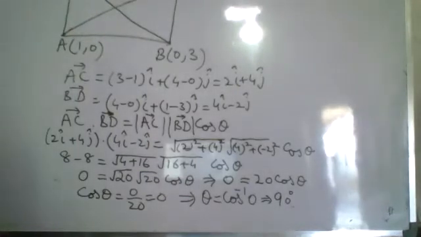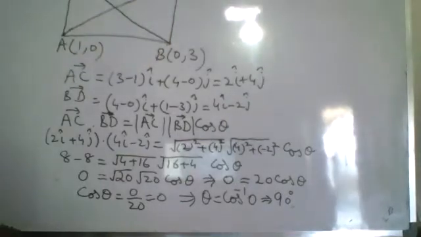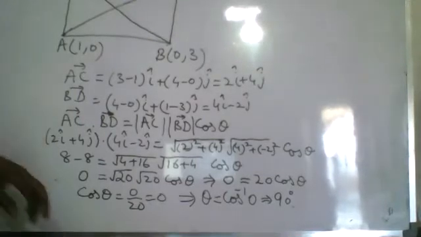And when the angle between the diagonals is 90 degrees, this will be a square. In case the angle between the diagonals is 90 degrees, the quadrilateral is called a square.